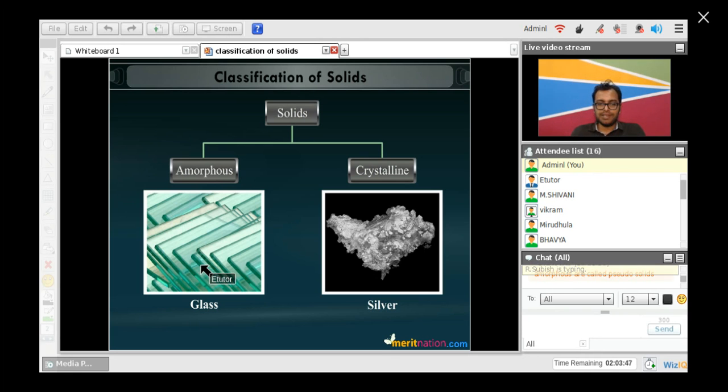Now glass is a super-cooled liquid, so when you leave it for a longer period of time, you will observe that the bottom of the pane becomes thicker, right? Okay, is there any other question?